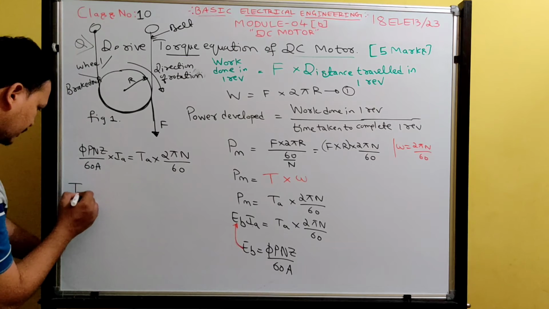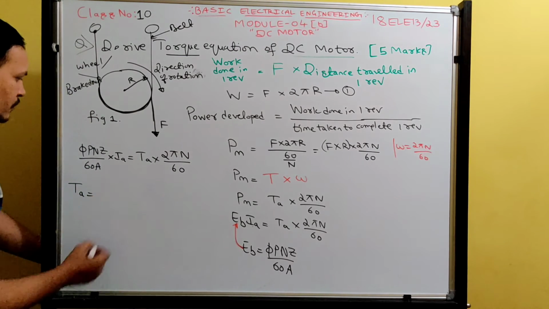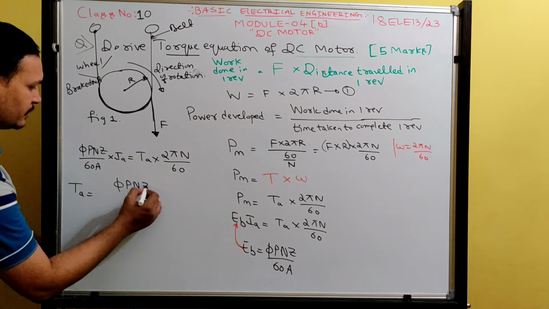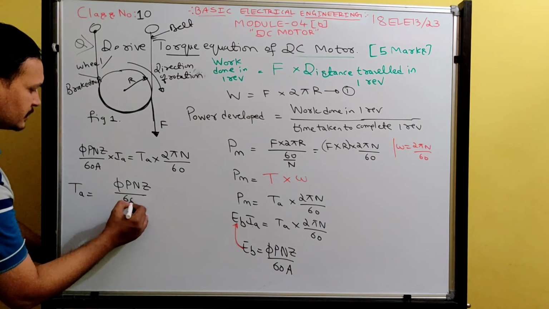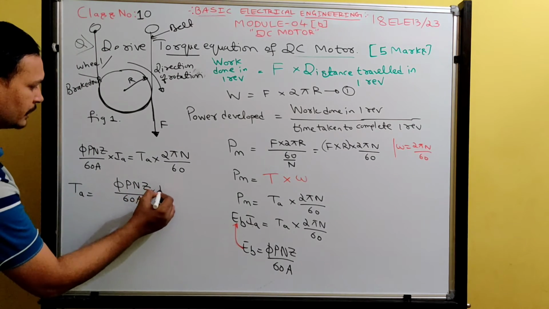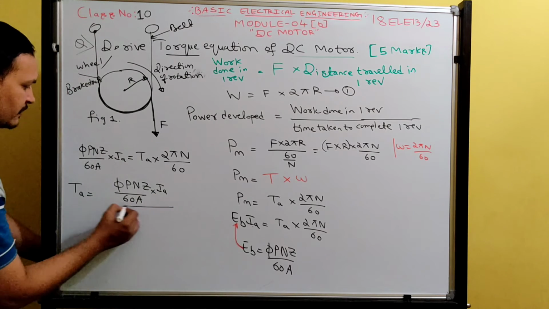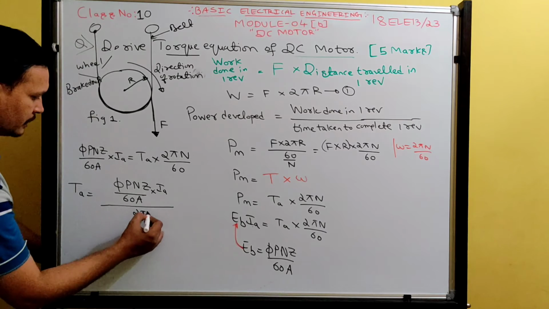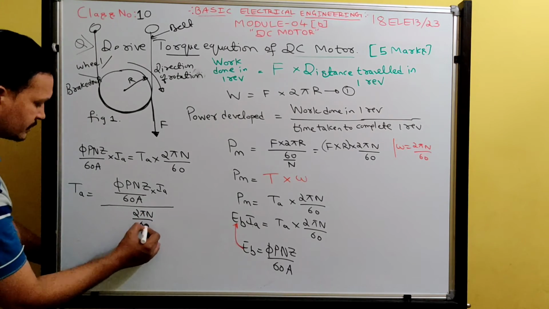So TA can be written as pi P N Z by 60A into phi IA, divided by 2 pi N by 60.